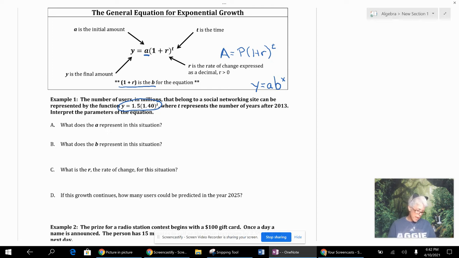So if you look at A equals 1.5, which is 1.5 million users at the start. The start being 2013.